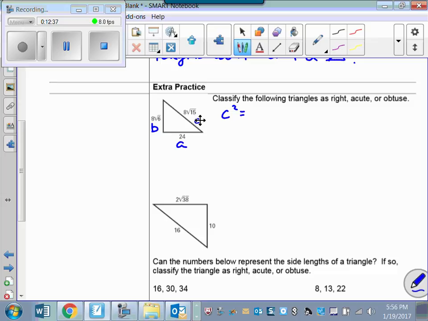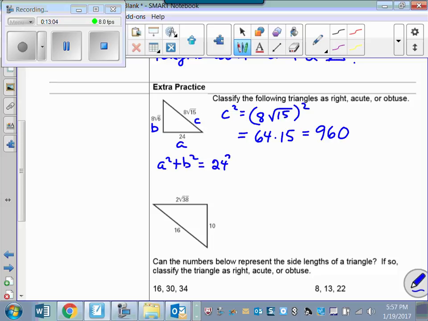C squared is 8 times the square root of 15, squared. So what is that? It's 64 times 15, right? I square that radical and I square 8, and that gets me 960. 960 units of some kind. Okay, now let's do a squared plus b squared. That's going to be 24 squared plus 8 times the square root of 6, squared.